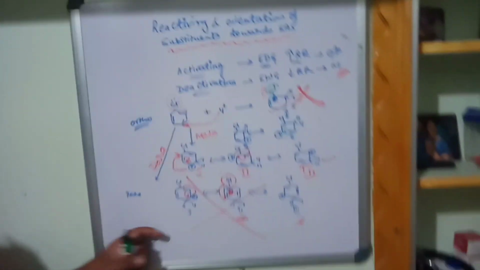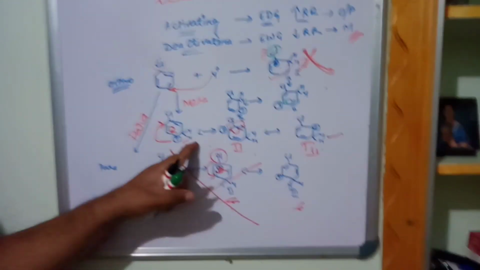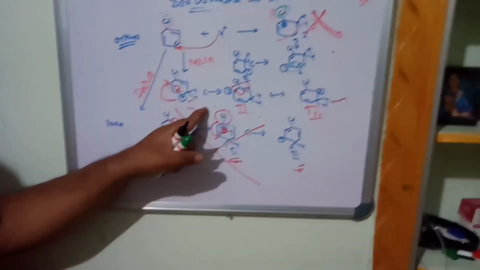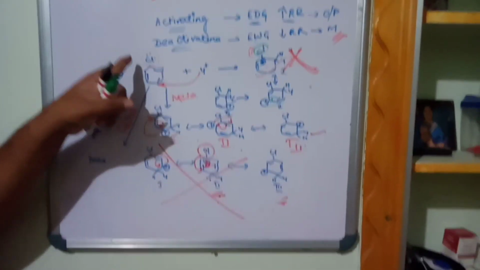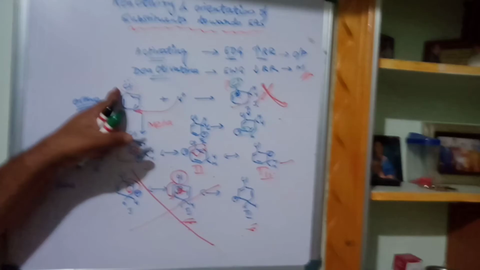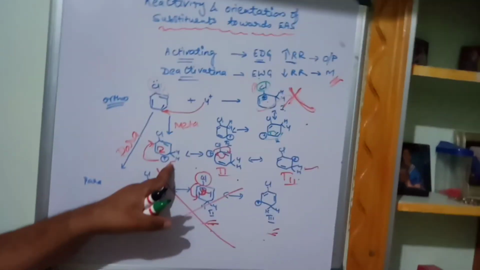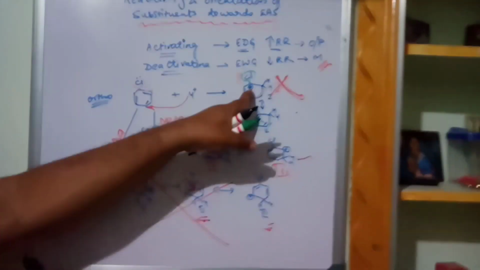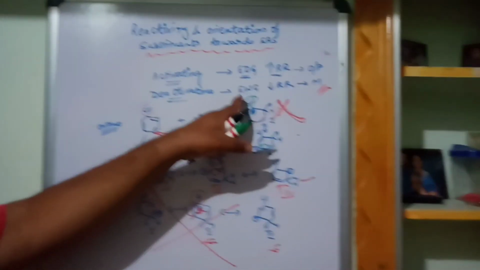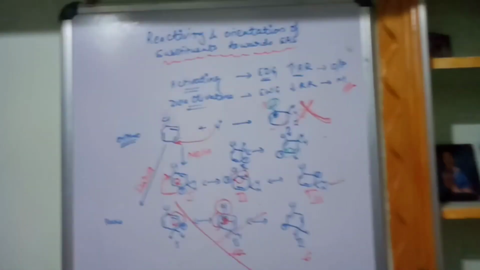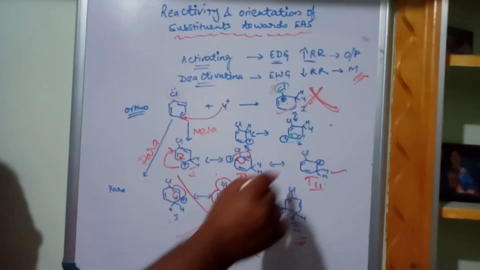The rate of reaction will be decreased. Even the meta position is also unstable, but it is somewhat okay. That's why the electrophile will attack the meta position if there is a deactivating group. So deactivating groups direct only to the meta position, because a resonance structure with the carbon holding positive charge, the same carbon holding the electron withdrawing group, is not present in the meta position.